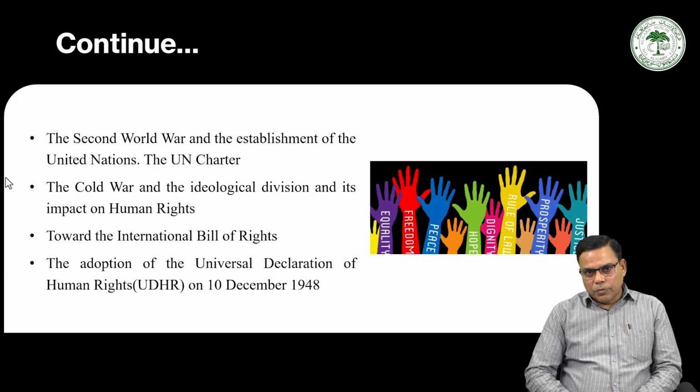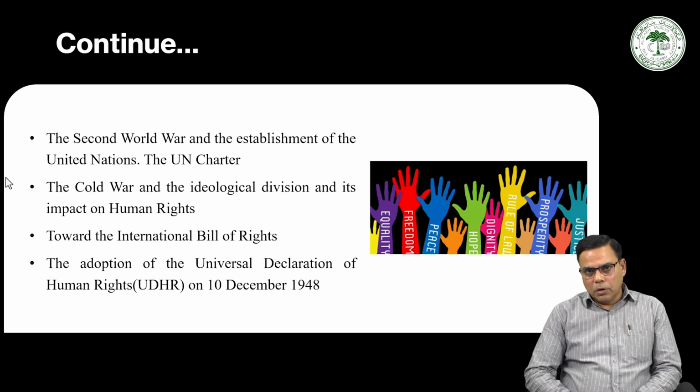When this was adopted on 10th December 1948, the criticism was that it was merely a declaration, not a legally binding document. So if the countries were violating the principles and provisions of UDHR, there was no mechanism to punish them or to mount pressure on them, so that they respect the provisions and principles of UDHR.